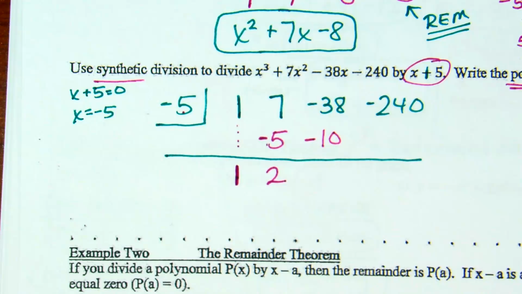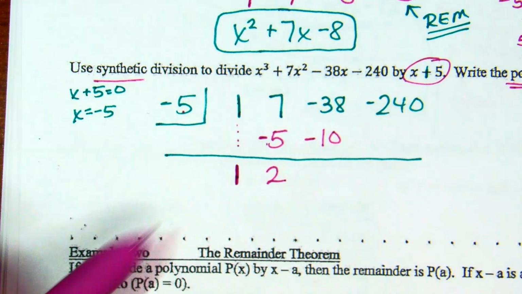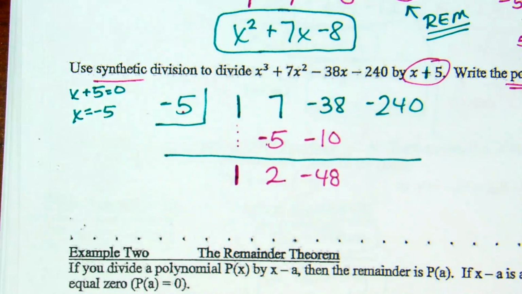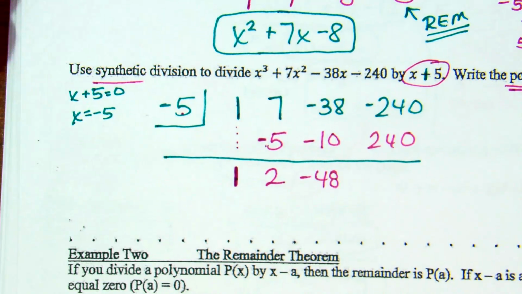Then we're going to add. Negative 38 plus negative 10 is negative 48. Then I'm going to multiply. Negative 5 times negative 48 plus 240. And then I'm going to add negative 240 plus 240, 0.